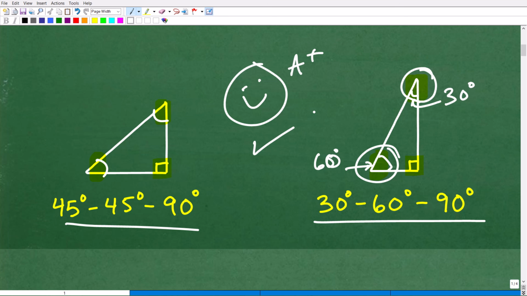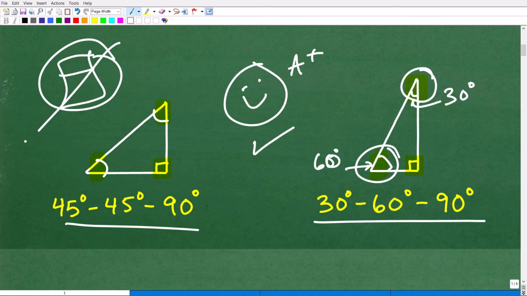But anyways, it's important to know these two right triangles because oftentimes you're given a test that will not let you use a calculator, okay? And you have to solve triangle problems without the aid of a calculator, which may or may not be able to help you out. You need to understand the rules to these particular triangles, okay?